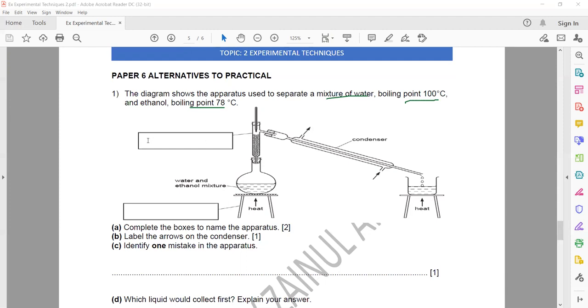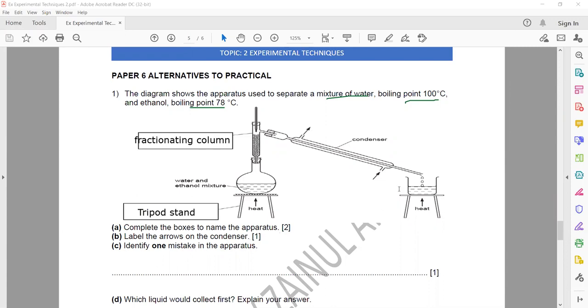So we already discussed, we call this a fractionating column, or fractionating tube, and below it is pointing on the stand, so that is a tripod stand.